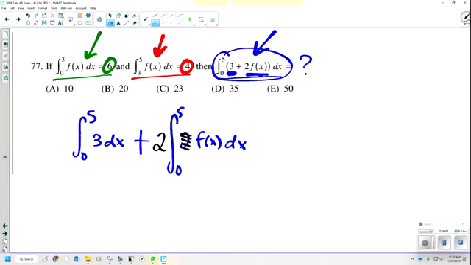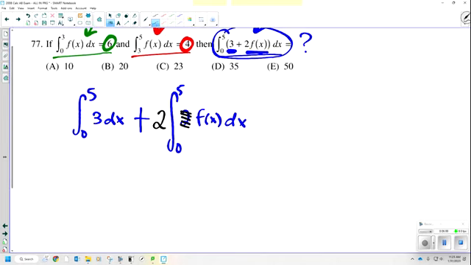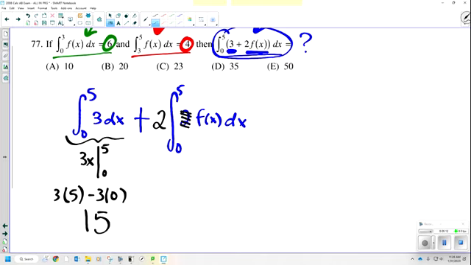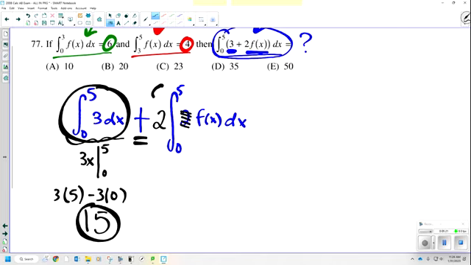So this is just 3x, and I want that from 0 to 5. So it's 3 times 5, the upper bound, minus 3 times 0. That's 15. So this part right here is 15. Let's not forget that needs to be added to whatever I get here.